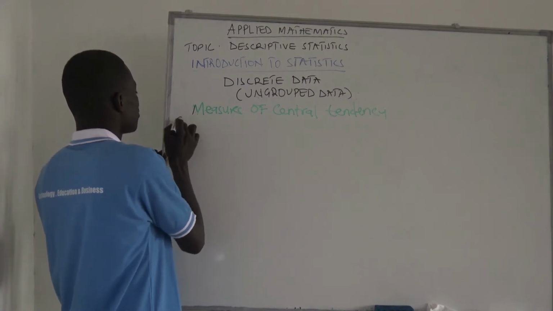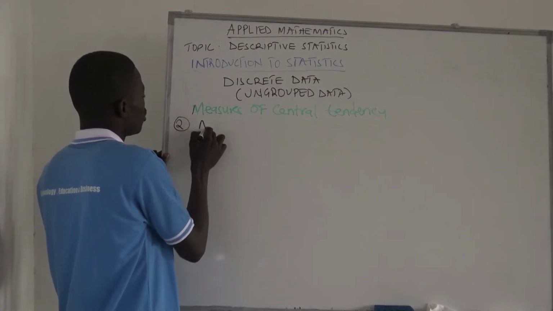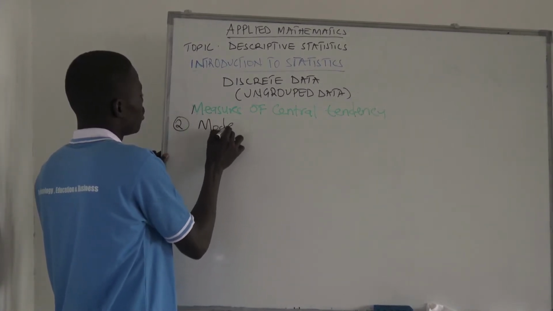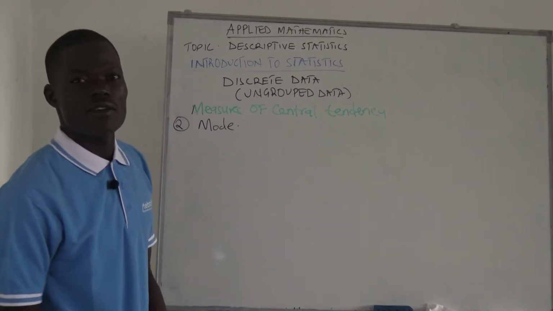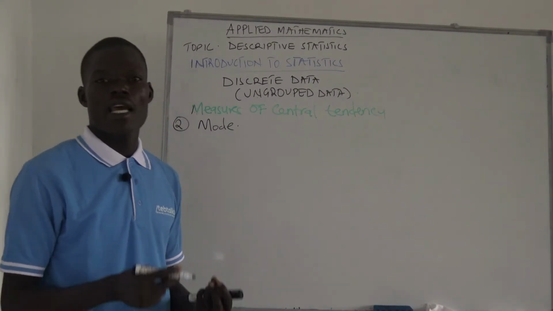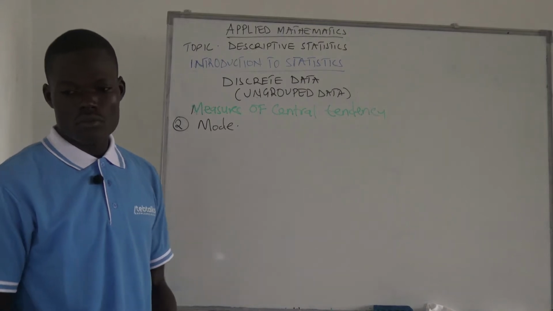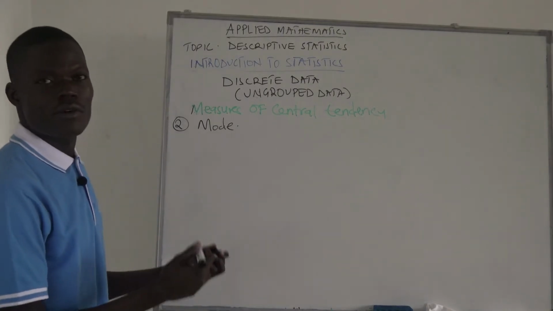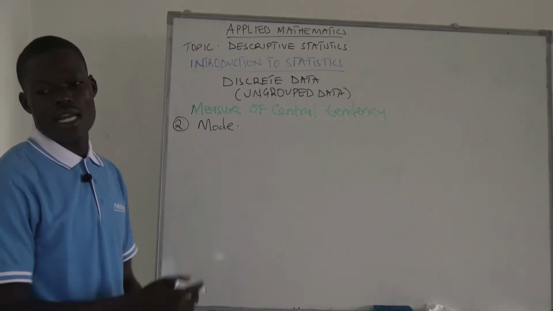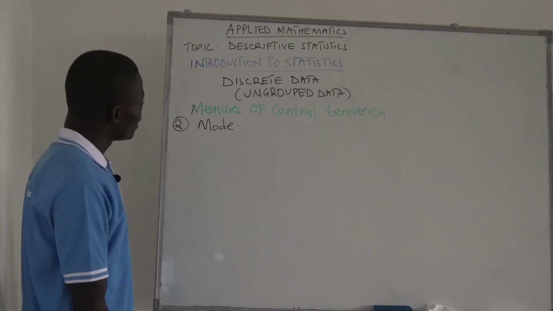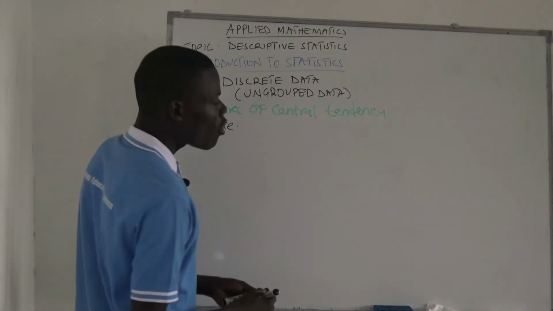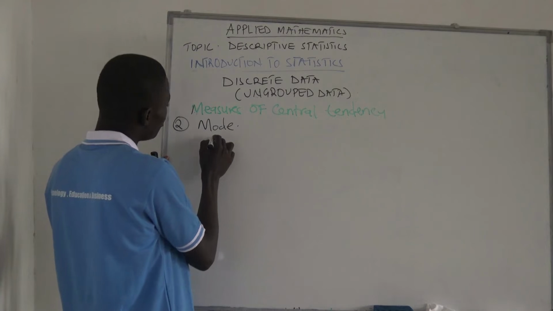The second value is what we are calling the mode. Mode is just the value of the distribution that appears most. As simple as that.